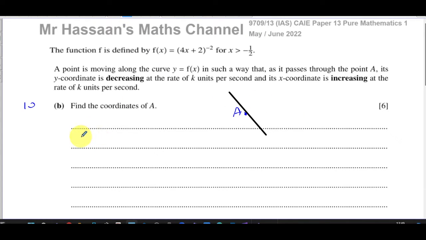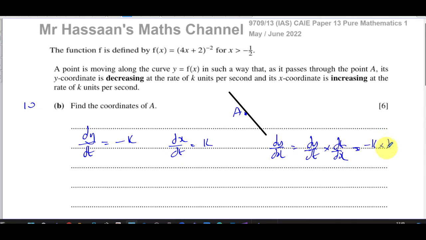Because you can say that the rate of change of y, dy dt, is going to be negative k, and the rate of change of x, dx dt, is going to be k. So we can say dy dx is dy dt times dt dx, which is minus k times 1 over k, which is negative 1. Whatever it is, it's going to fall by k on the change in y over the change in x.